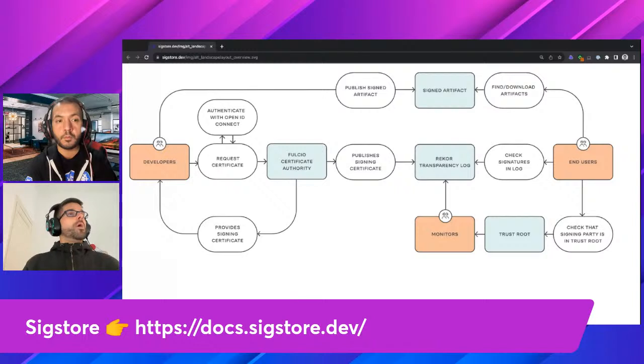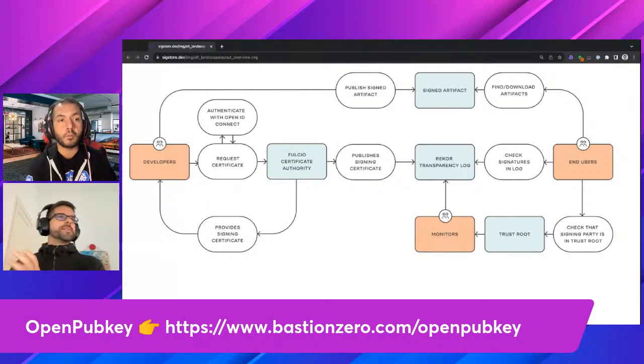If I now think about OpenPubkey, it talks to the OIDC provider and gets an ID token, and instead of having a certificate authority involved, which basically doesn't exist in the OpenPubkey approach, we use that token in a simplified way as a certificate itself. So we don't need to manage these certificates.